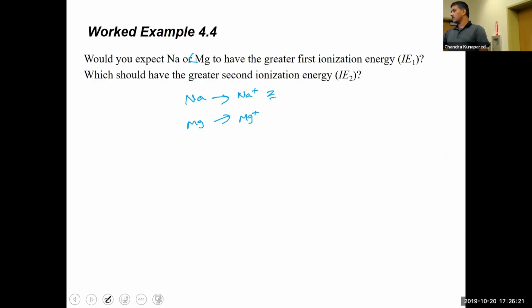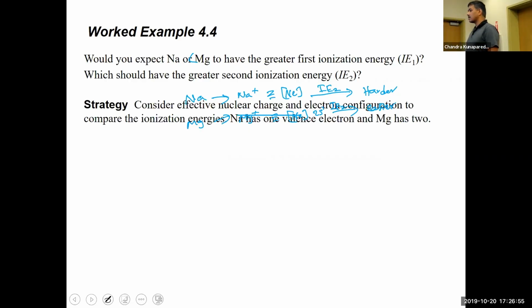Na plus is equal to neon, which means it has just core electrons left, whereas Mg plus is equal to neon and another shell electron, an s1 electron. So it's going to be much harder to remove an additional electron from sodium because they were core electrons, compared to here where it is easier to remove because it is still a valence electron.